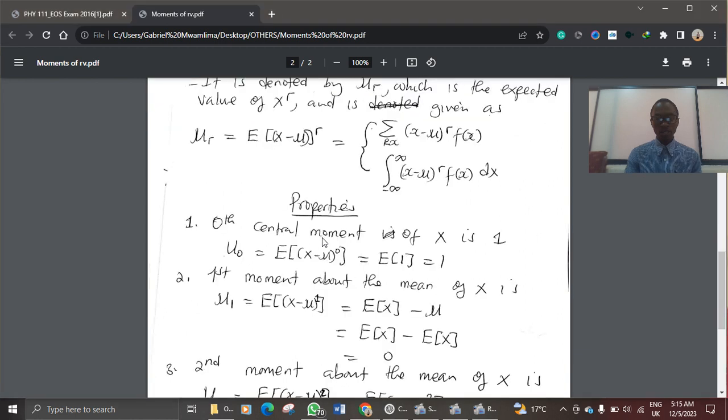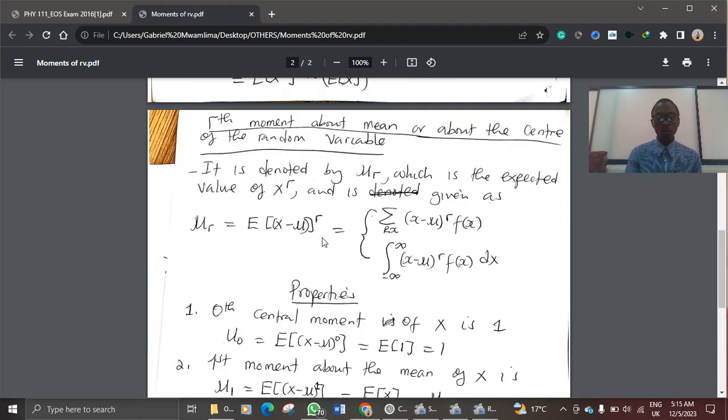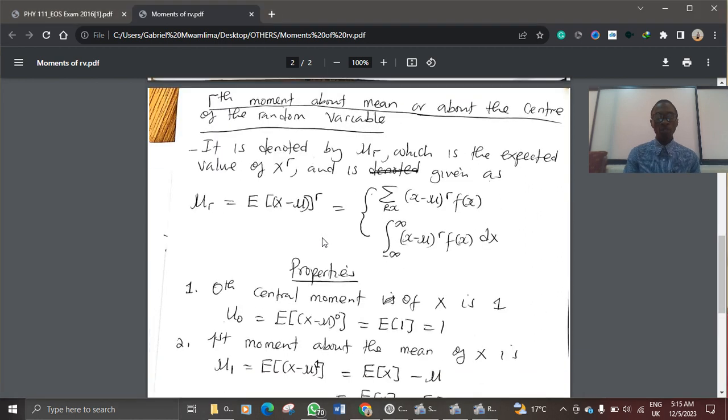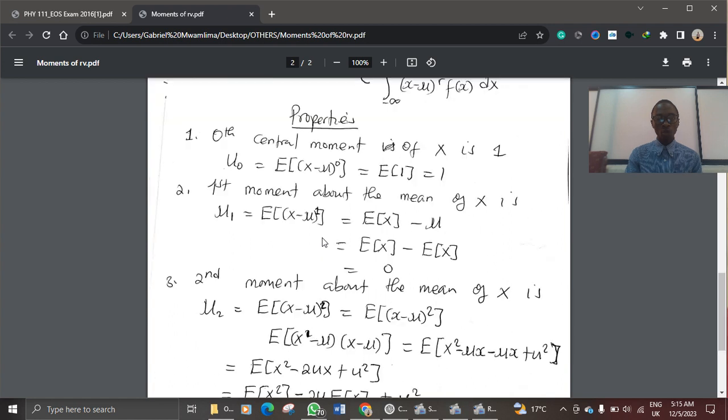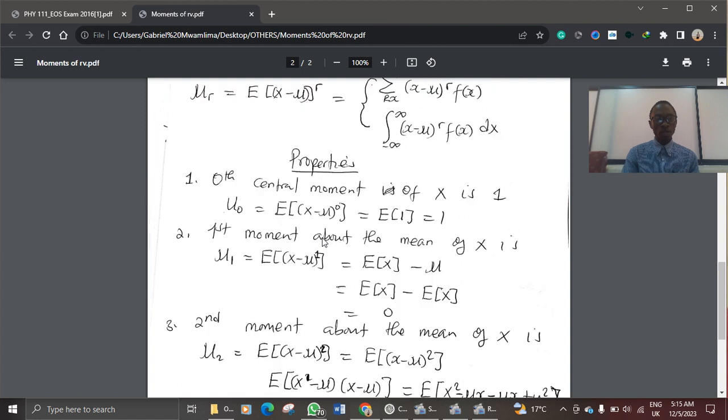Now let us look at the properties of the r-th moment about the mean. Again we are going to look at three properties: the zeroth central moment, the first moment and the second moment. The zeroth central moment of x is equal to 1.